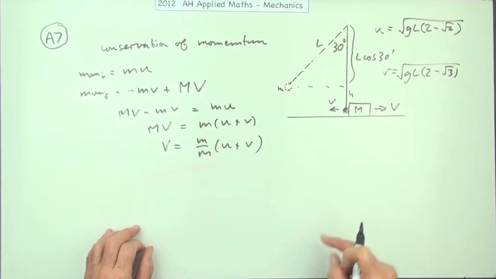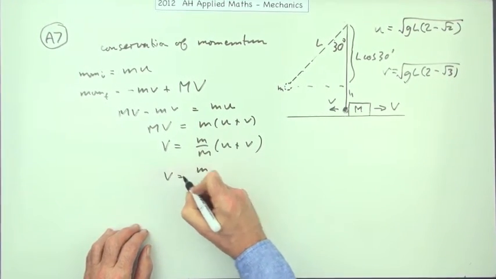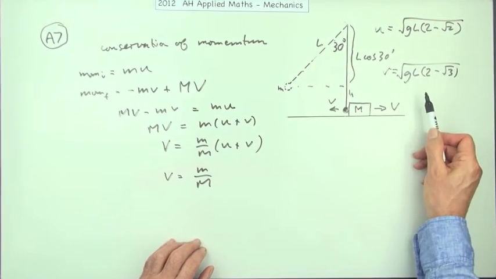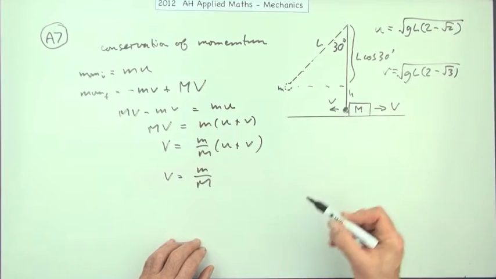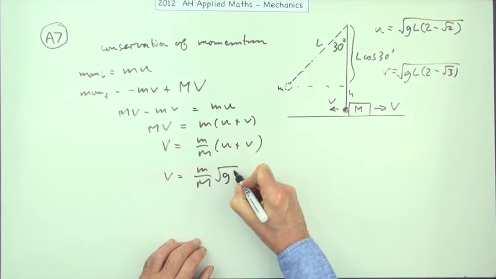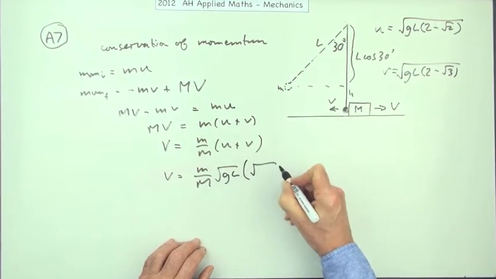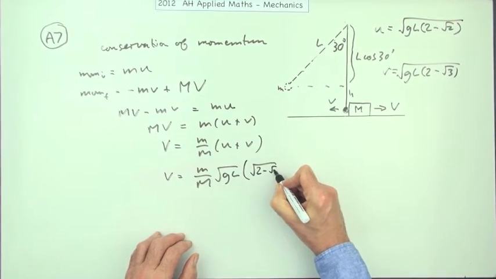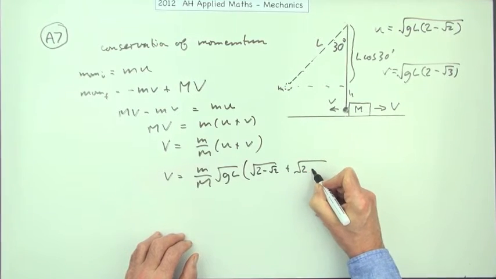Well, I took a note of u and v there. So the velocity will be small m over big M of, add these two together. Now they've got a common factor of root gL, so I'll put that in. And then they've got a separate part of, whichever way around you want it, 2 minus root 2 plus 2 minus root 3.